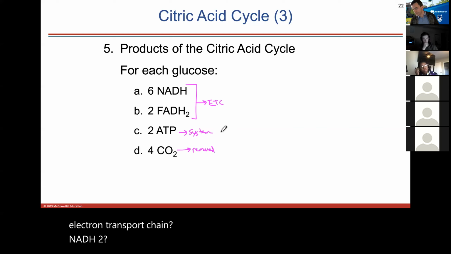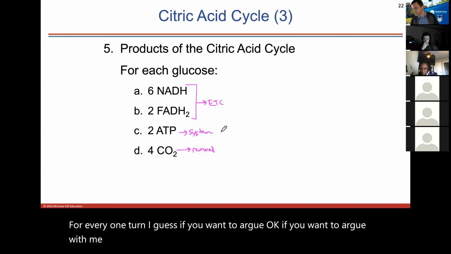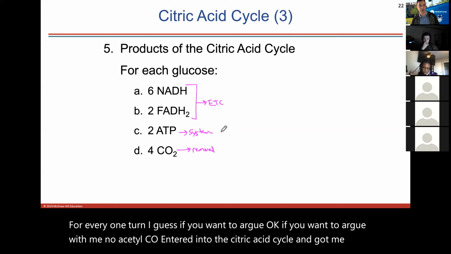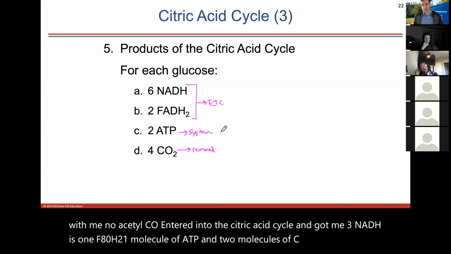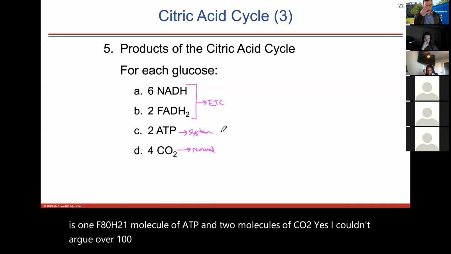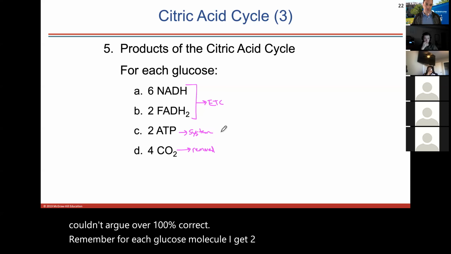For every 1 turn, if you wanted to argue with me, well, no, acetyl-CoA entered into the citric acid cycle and got me 3 NADHs, 1 FADH2, 1 molecule of ATP, and 2 molecules of CO2. Yes, I couldn't argue. You're 100% correct. But remember, for each glucose molecule, I get 2 pyruvates, so I get 2 acetyl-CoAs.